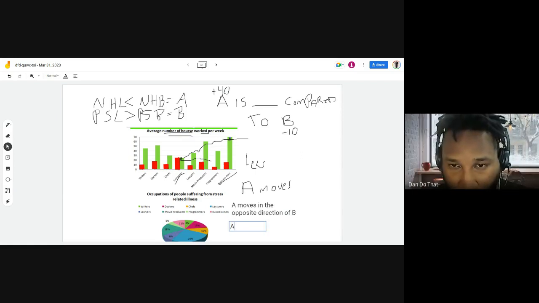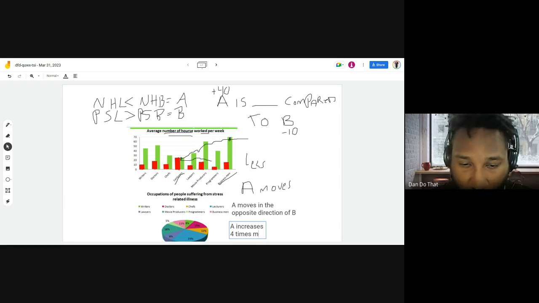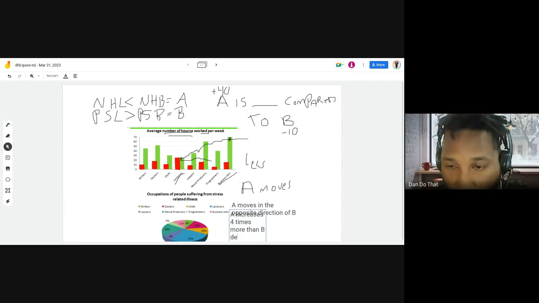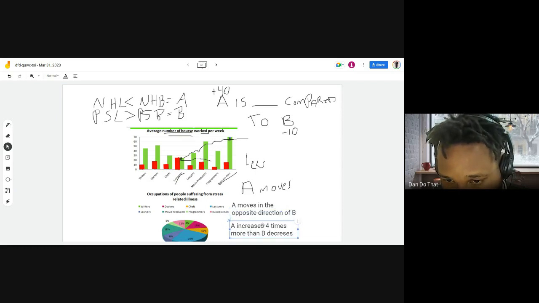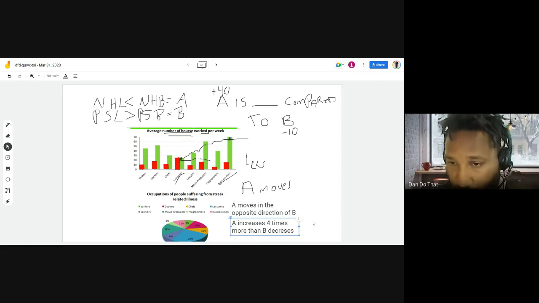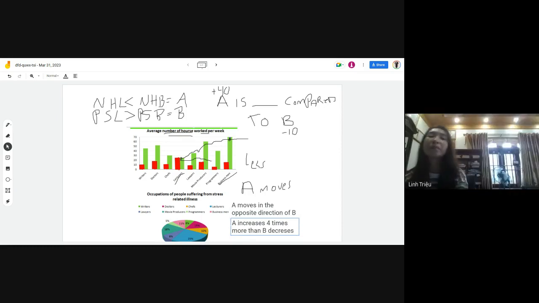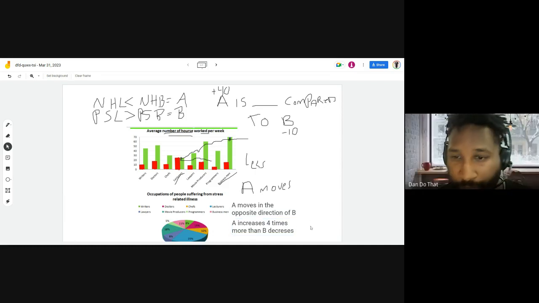A increases or grows or moves 4 times more than B, and B is decreasing, so it's more than B decreases. All right, so we could say that.